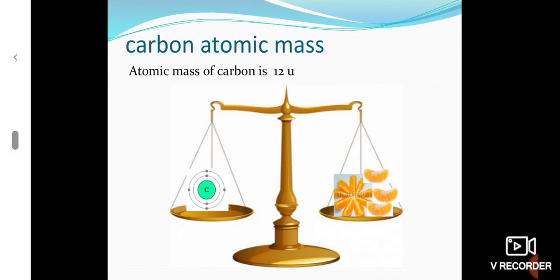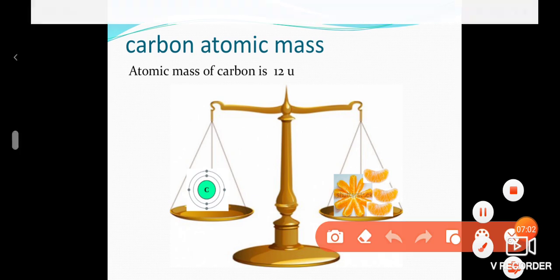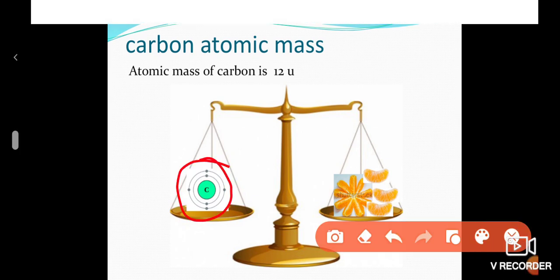Next we compare carbon. In this place we have taken a carbon atom. This carbon is equal to 12 pieces of the carbon 12 isotope. So carbon is equal to how many pieces? 12 pieces.